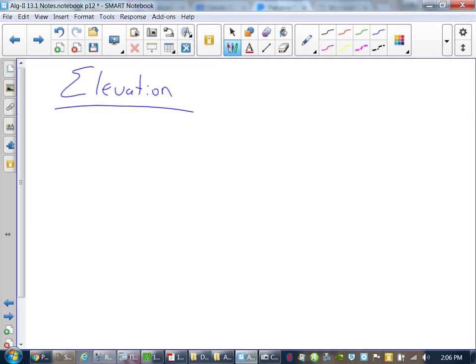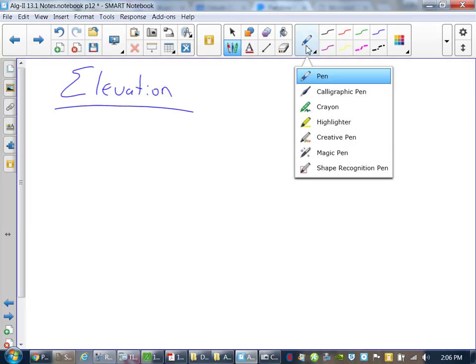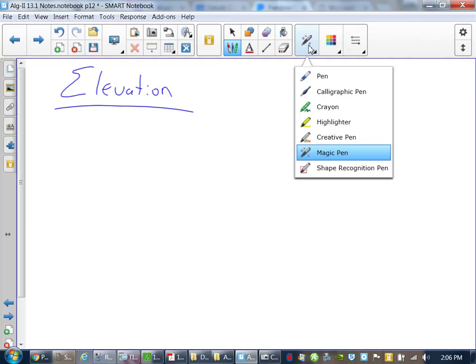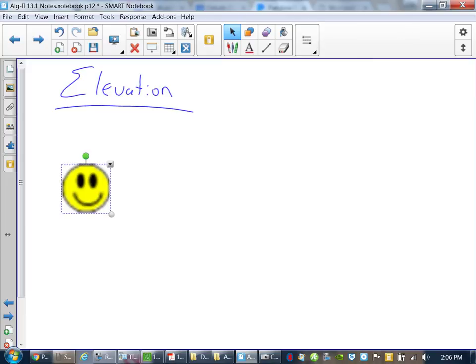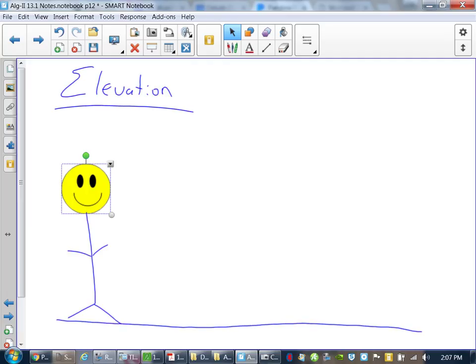So, what I want you to think of for angle of elevation is what we call line of sight. Line of sight looking up. Okay?